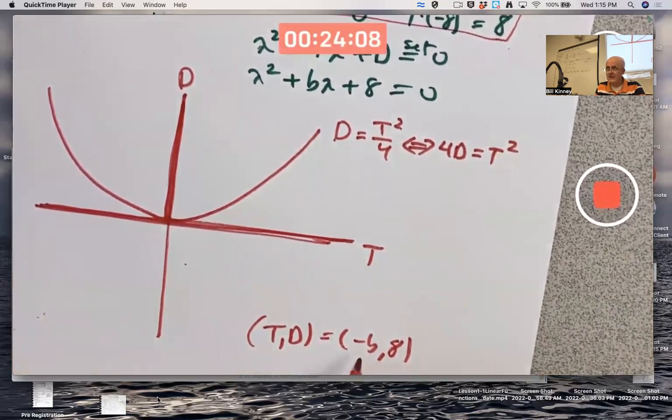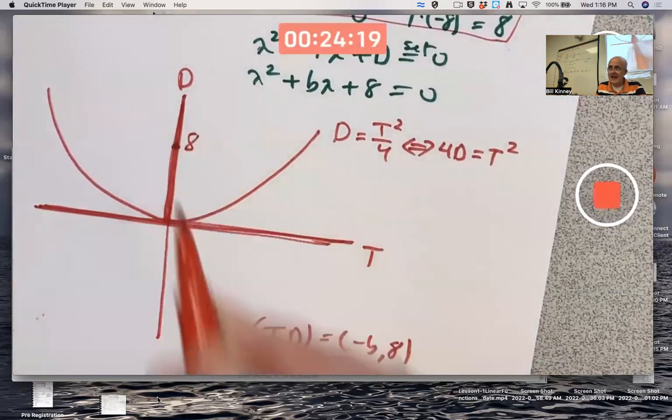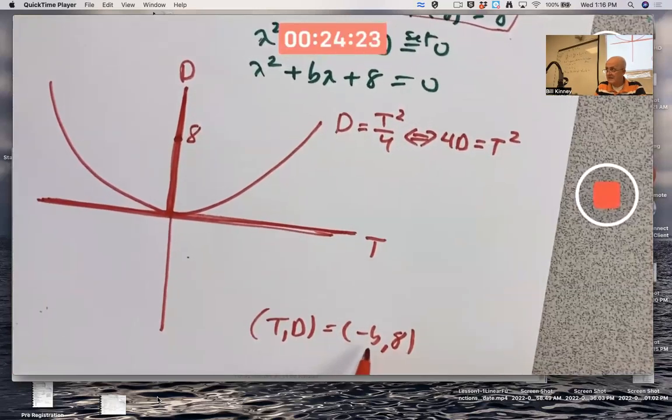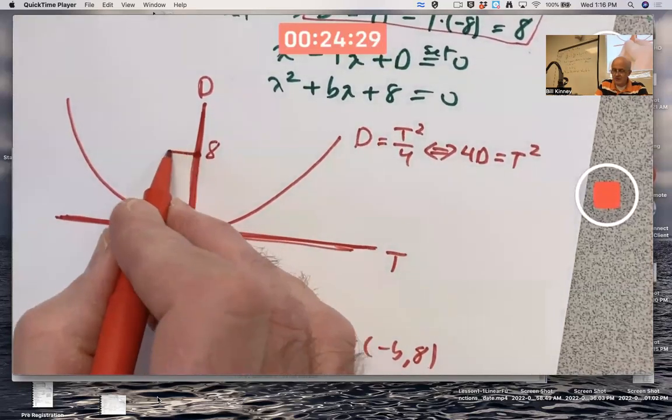The first coordinate is negative b. If b starts out at a value of 0, when b is 0, you're on the positive d-axis at 8. And then as b increases, the t coordinate here decreases. The point moves to the left.